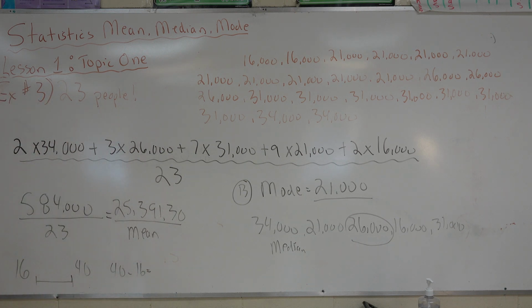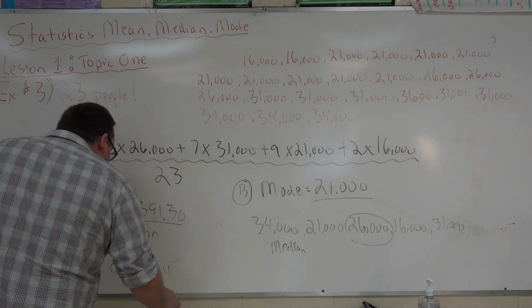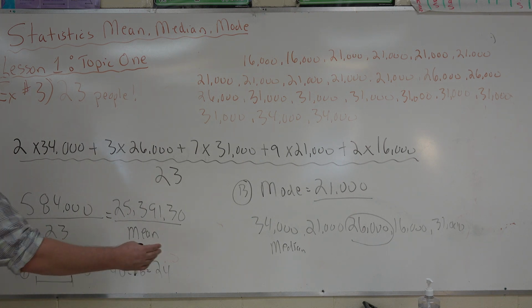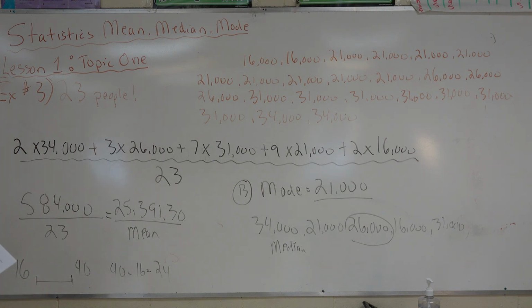And that will tell you my range. 24. My mental math wasn't firing today. So that's your range. Between your data set with the smallest number and the largest number, what is your range of numbers going to be? Anywhere from 17 to 39. Well, that's 24 numbers in between. That's your range. There'll be a question or two like that.